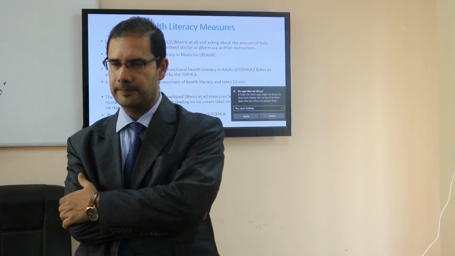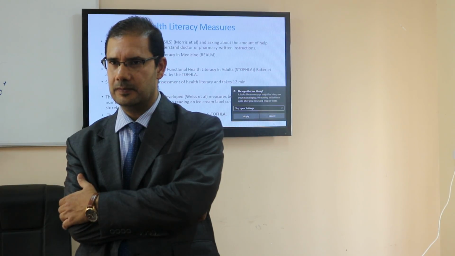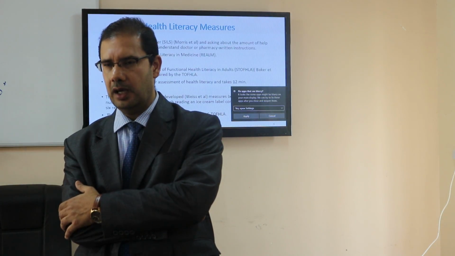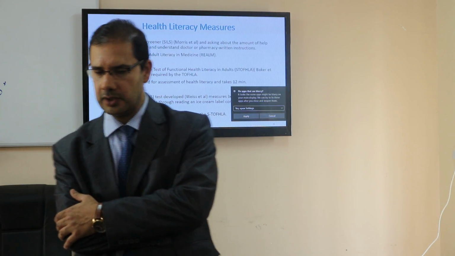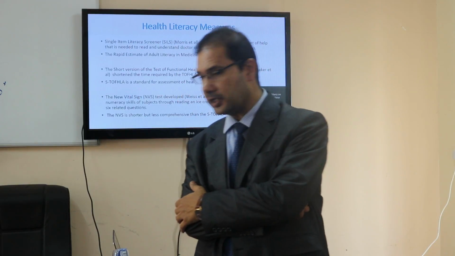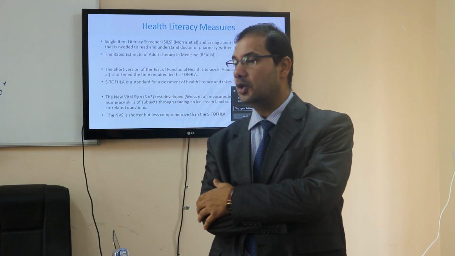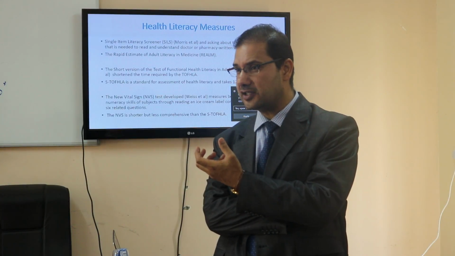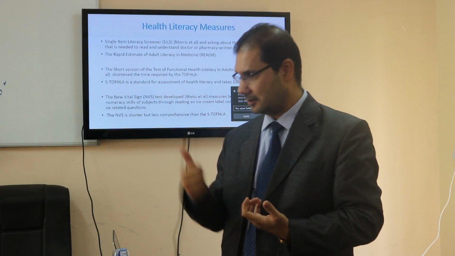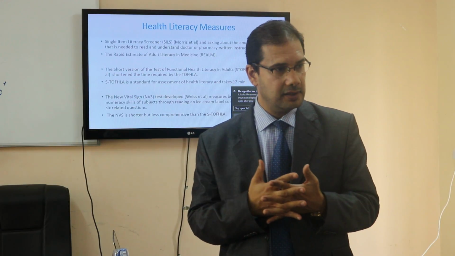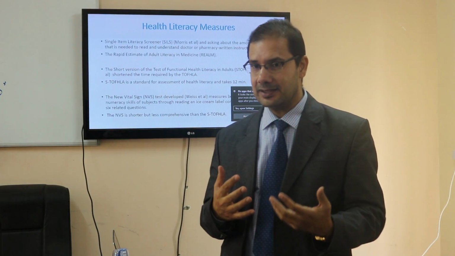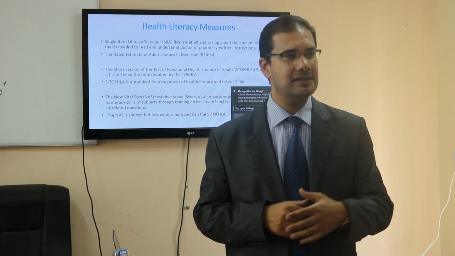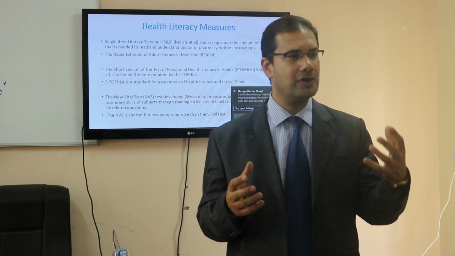But TOFHLA has reading skill and numeracy skill, and it's more complicated. It's objective because it's a test. While with CILS, you ask the patient, do you need help? They will say sometimes, never, or rarely.